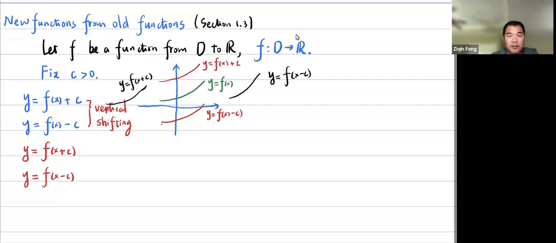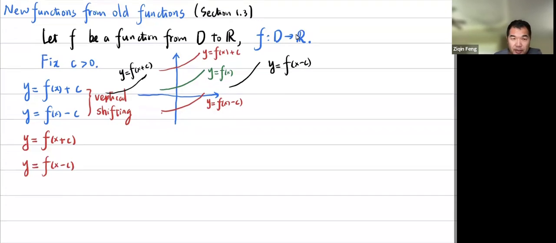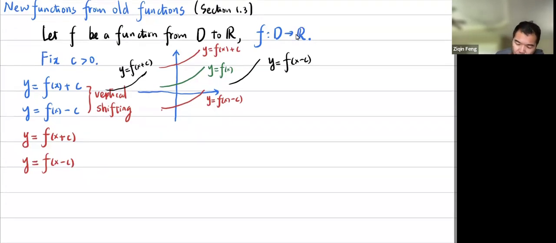This is how we get new functions by shifting. This pair is called horizontal shifting.